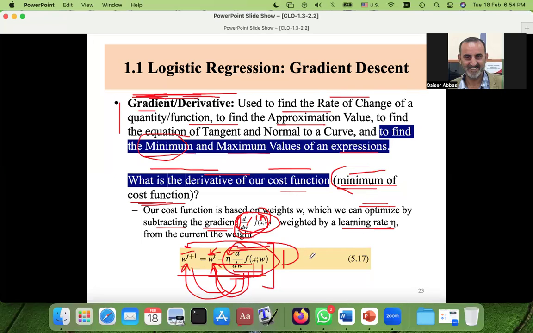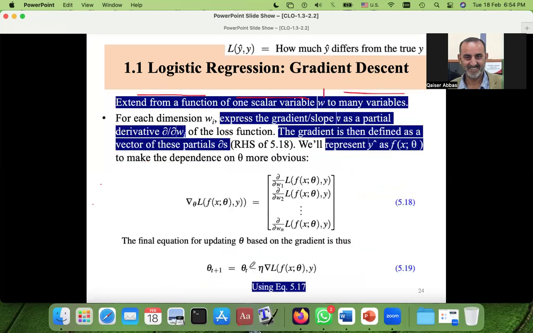Now equation 5.17 is an equation for finding the weight, including the derivative, for one variable, or one weight. We want to extend this equation for all the variables, for all the weights. So finally this is my gradient, and that gradient is my derivative, and that derivative will have partial derivatives in it.